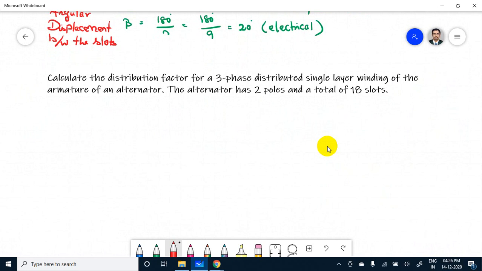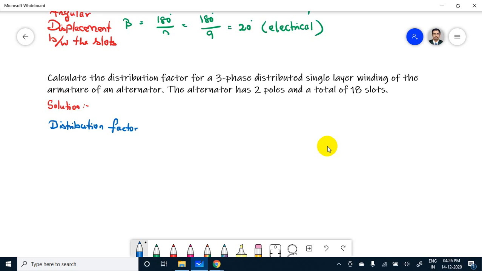Now for this problem, first step you have to write the solution. What they're asking is to calculate the distribution factor. Write the formula. For any problem, first write the formula because in your examination step marks are available.